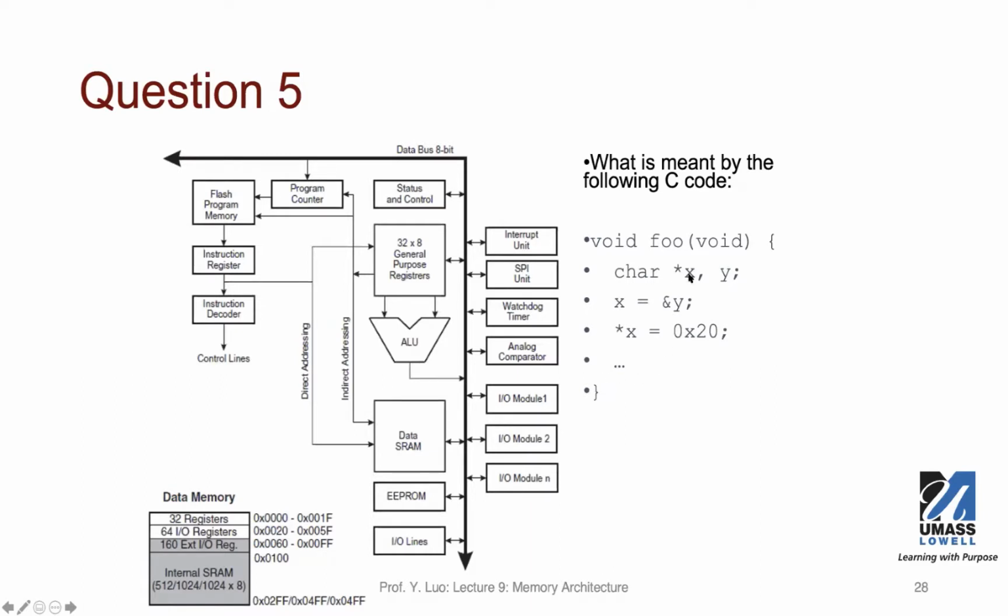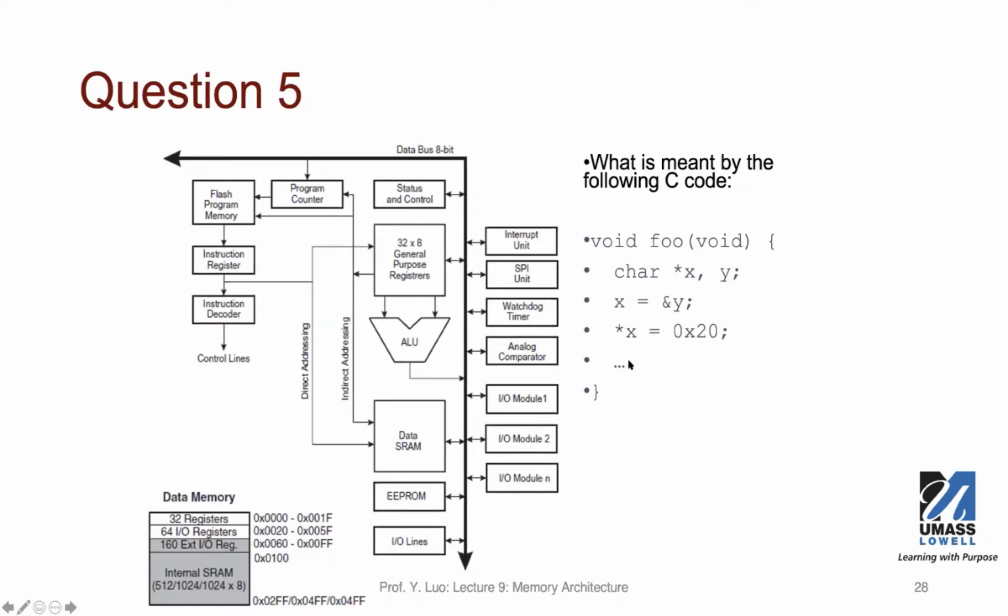Again, X is going to be a 16-bit value because of its address, and Y is an 8-bit value on the stack. And this line here is to get the address of Y and assign that to X. This is what the ampersand sign is for. And this line is to assign 20 to that location.